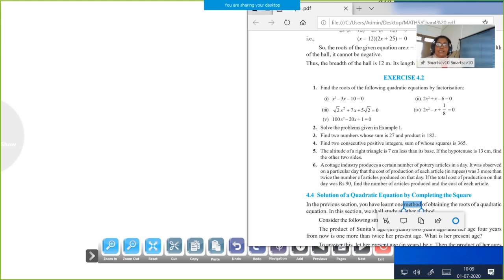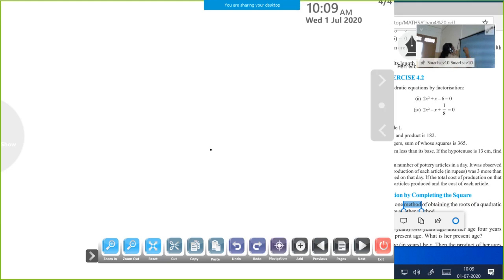Clear? One is x and the other is x plus 1.